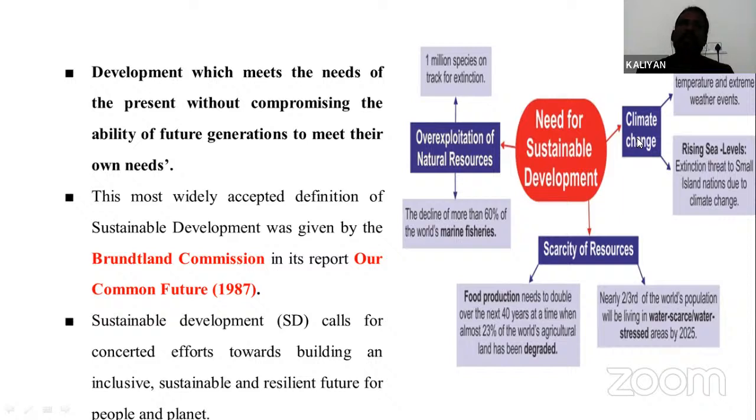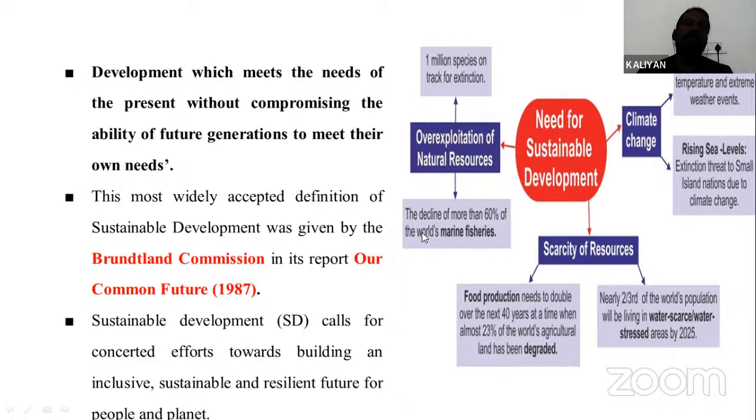Climate change means higher temperatures and rising sea levels. For the next 40 years, food production needs to double what we consume now, and nearly 2/3 of the world population will face water scarcity by 2025. Over-exploitation means 60% of marine fisheries will decline, and 1 million species are on the track of extinction. So these are the needs for sustainable development.